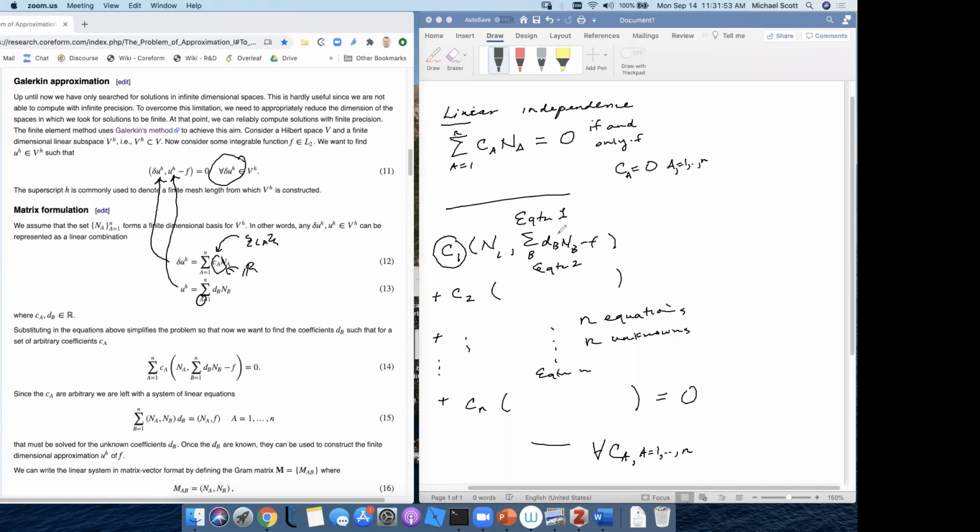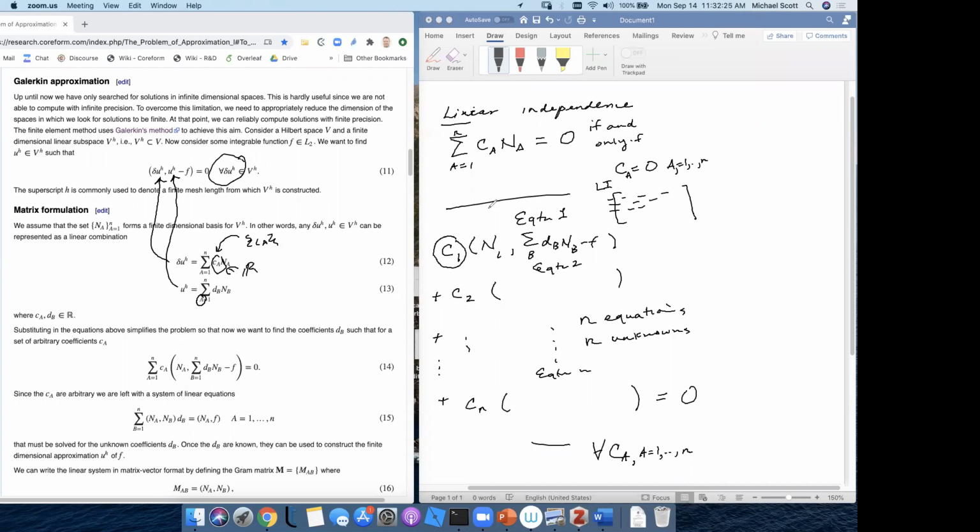So in order for this to be a solvable system of equations, these are the rows of a matrix. Maybe this will be the first row, the second row. So what do we know about the rows of this matrix? They better be linearly independent.